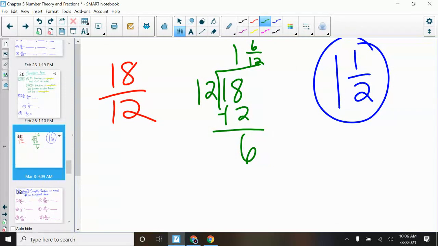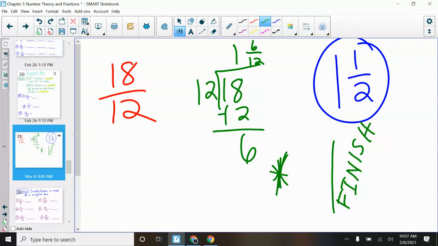There were some of you who got to this part. But if I look at math as a race, okay, here's the finish line. For those of you who got 1 and 6/12, this is you right here. You just slipped and fell and never made it to the finish line.